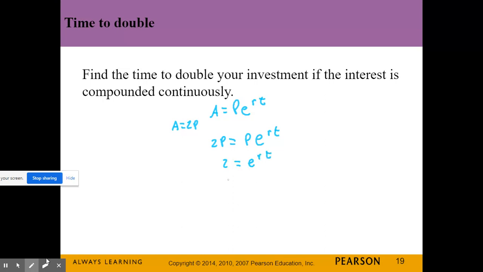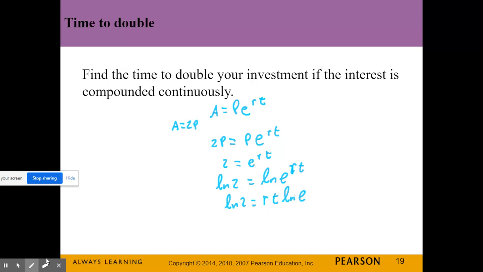Take the natural log of both sides. Use power property. Natural log of e: remember that natural log means base e, so the exponent you put on e to get e is 1.